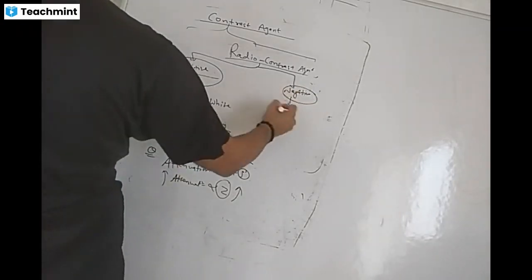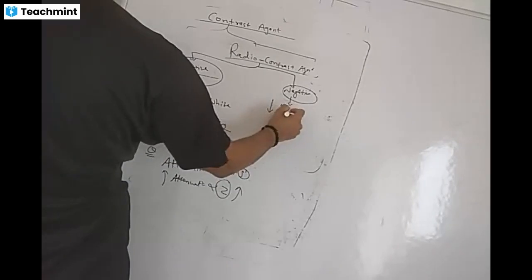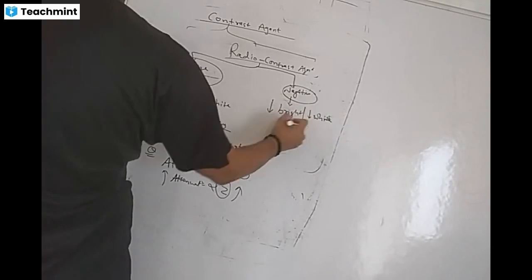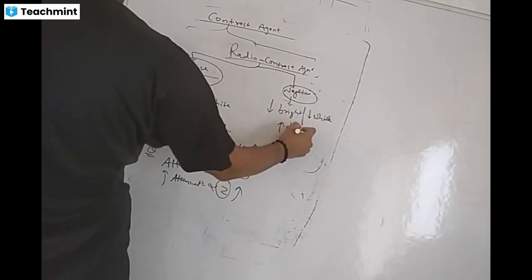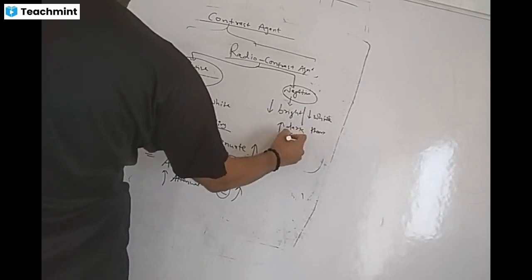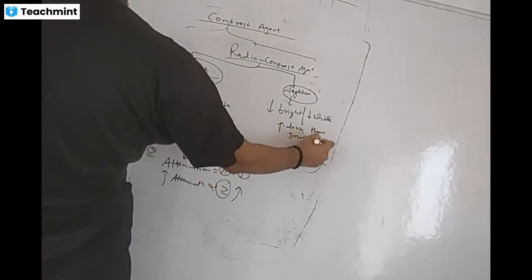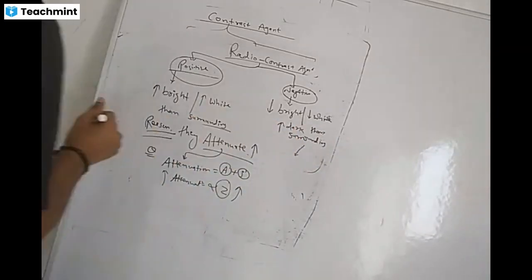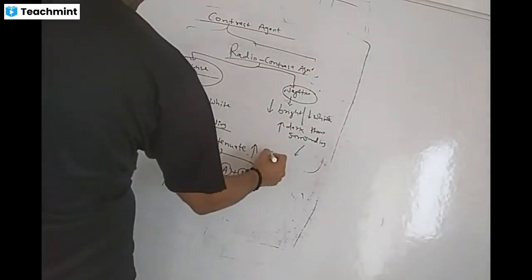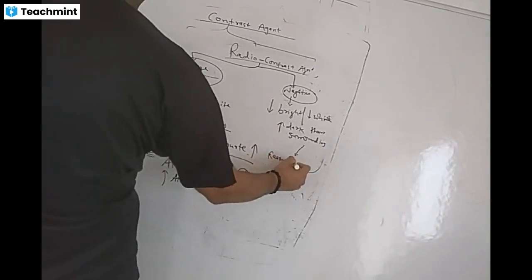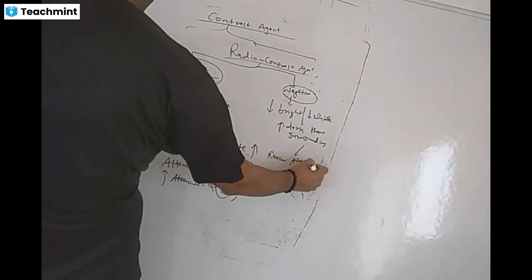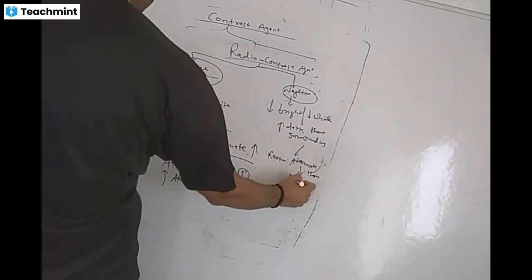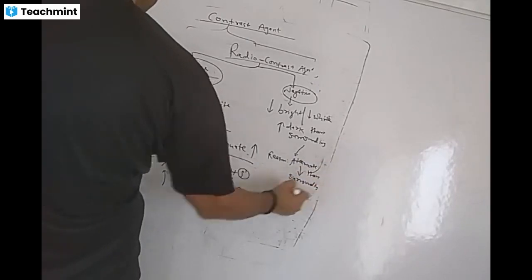And why are they called negative? Because they appear less bright, less white, or I can say more dark. They are darker than the surrounding. Again, same reason: they attenuate X-rays less than the surrounding.